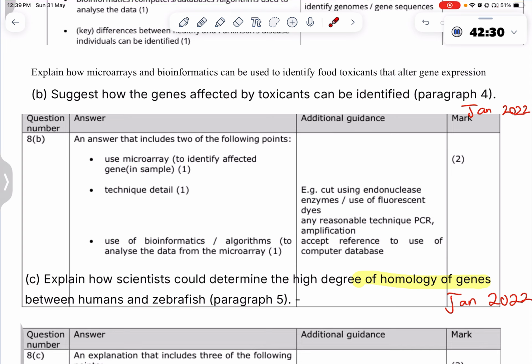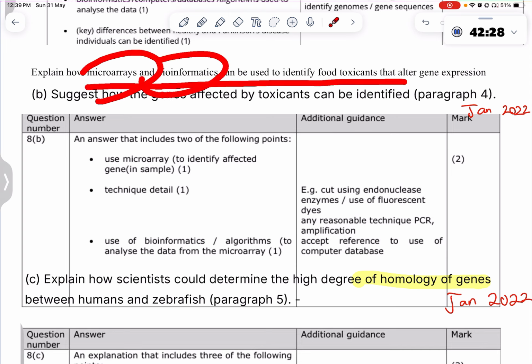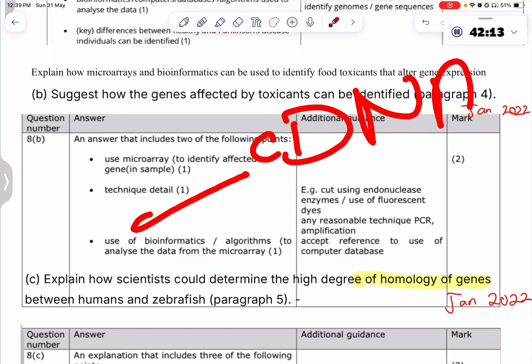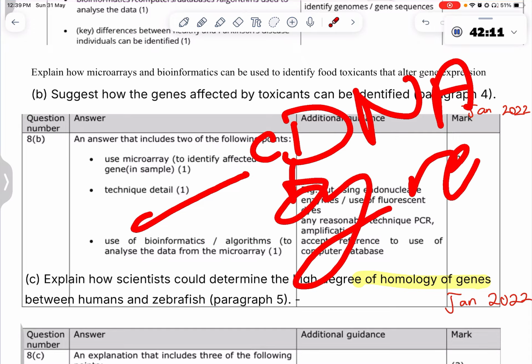Anyways, let's start. How microarrays and bioinformatics can be used to identify food toxicants that alter gene expression. You use microarray, and details about this procedure: you would extract the mRNA and convert it to cDNA by reverse transcriptase.